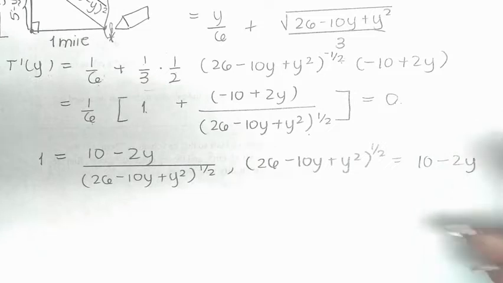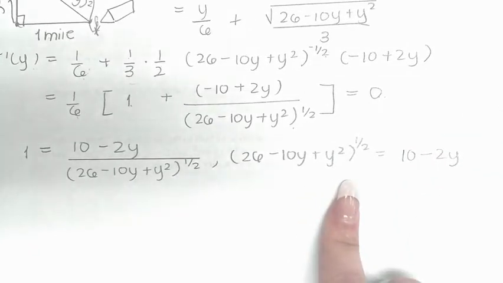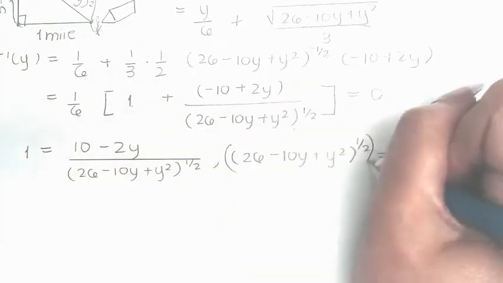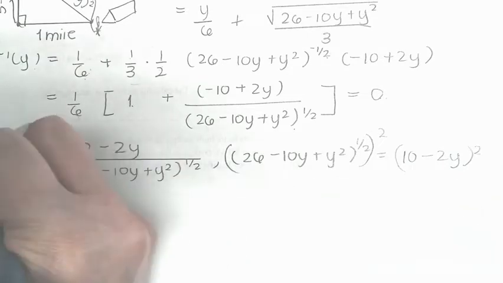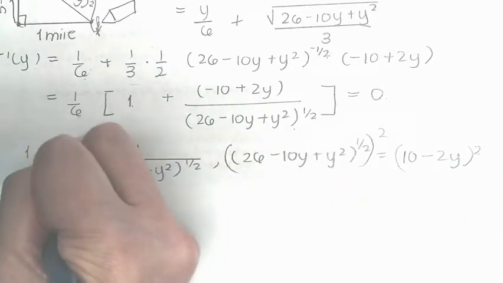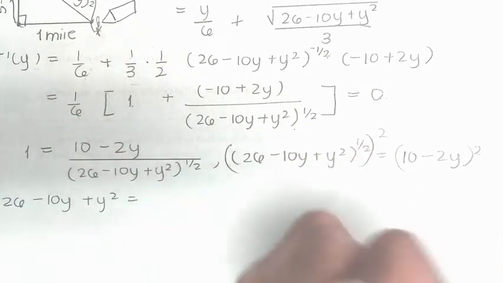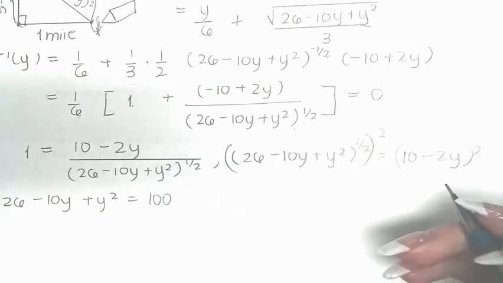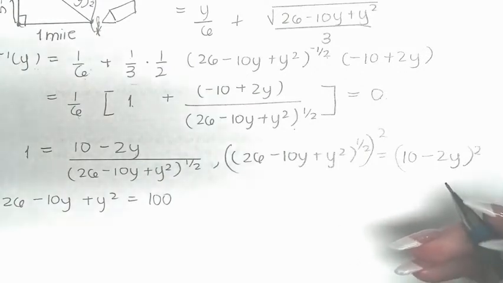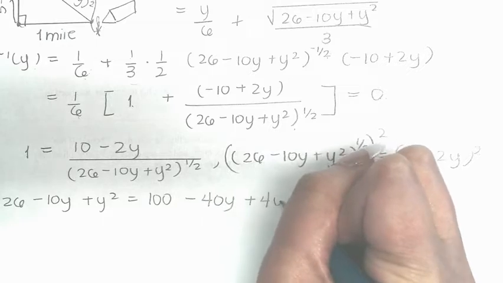So what are you going to do to solve this equation? Well, my thinking tells me, you know what, I'm going to square both sides. And your thinking is correct. So with that, you have that 26 minus 10y plus y squared is going to be equal to 100 minus 40y plus 4y squared.